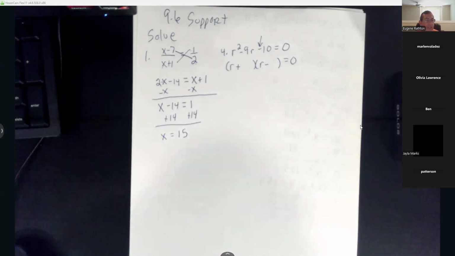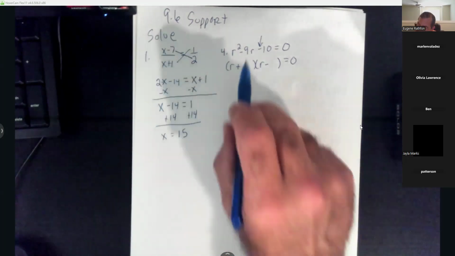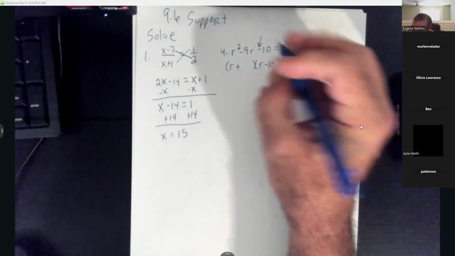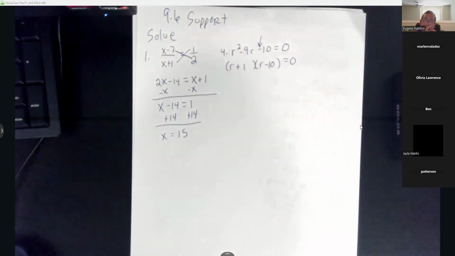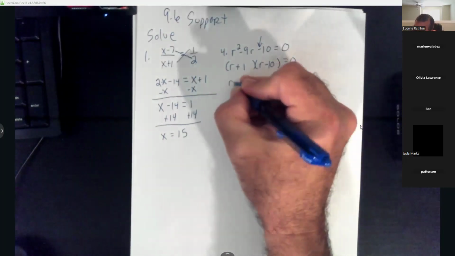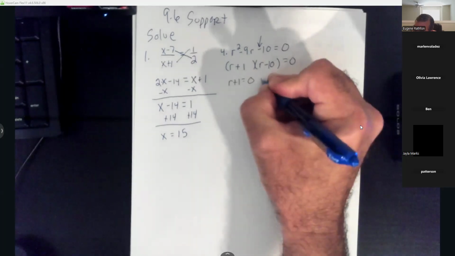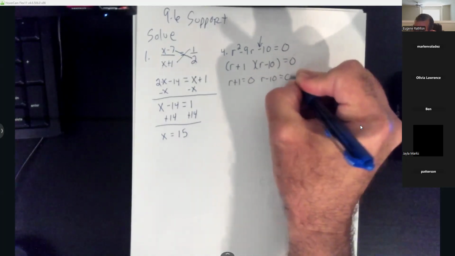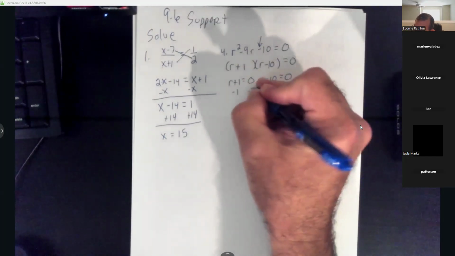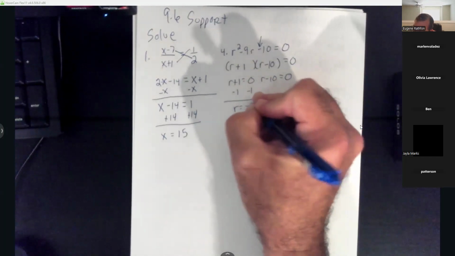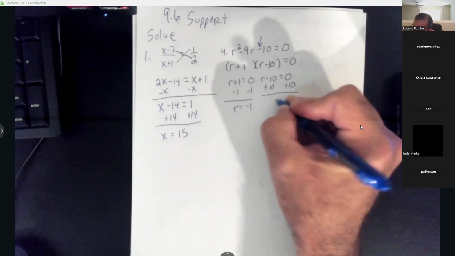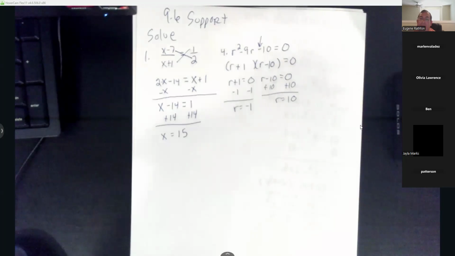And that'll be what, 10 and 1. So 10's larger, it'll be negative like the middle, and then your 1 would be positive. And then at that point, set both sides equal to 0 and solve. All right, so my first one, let me subtract 1 from both sides. Second one, let me add 10 to both sides and get a 10.